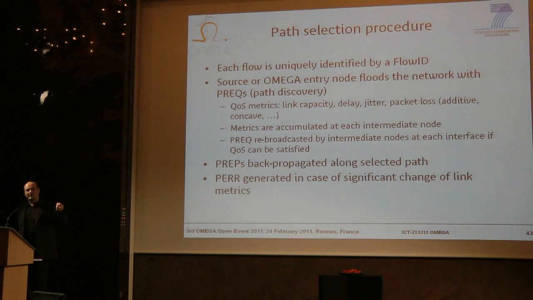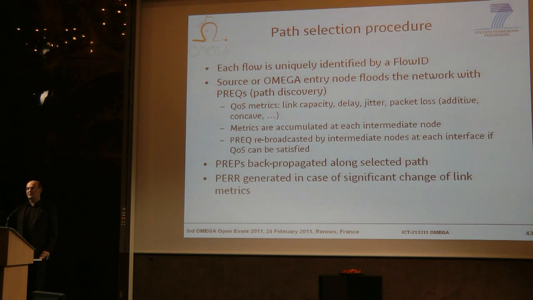And when this path request is transmitted from one hop to another, each intermediate hop has to update this path request message with respect to the quality of service, whether it can be ensured at this dedicated node, and has to rebroadcast this path request message to the next ones in the network.